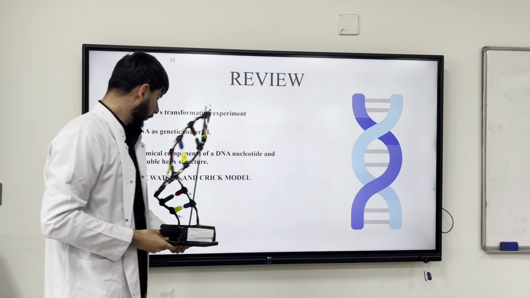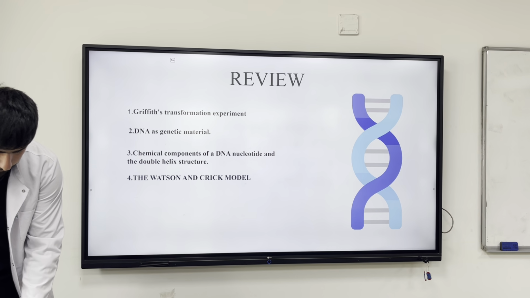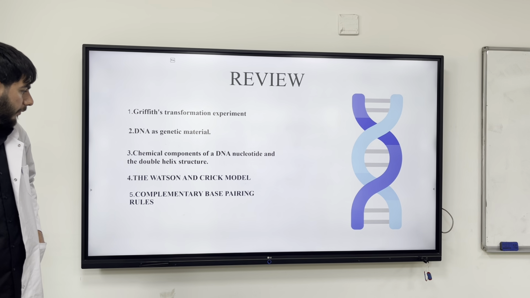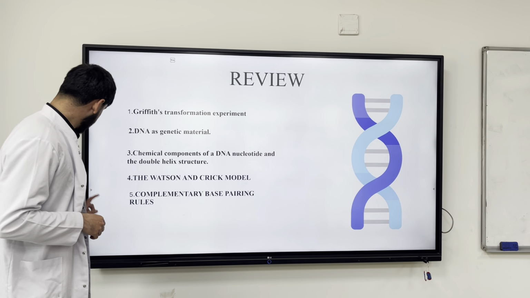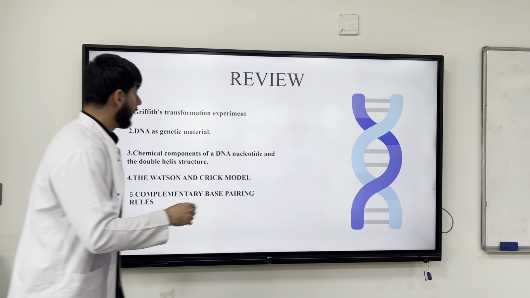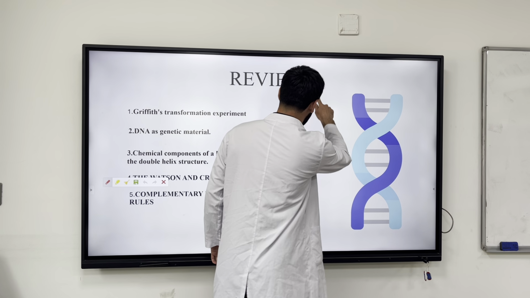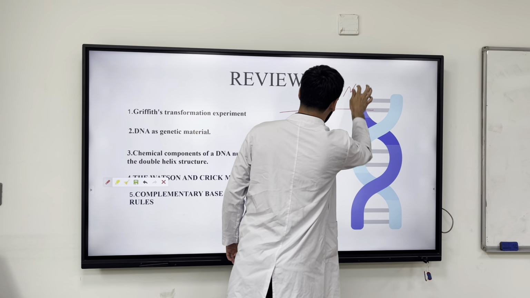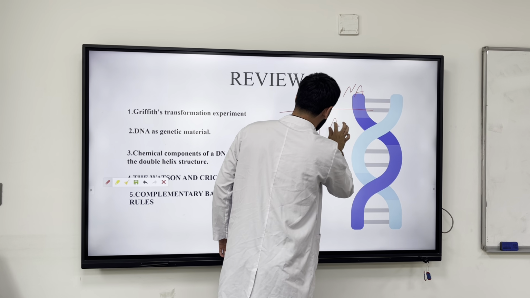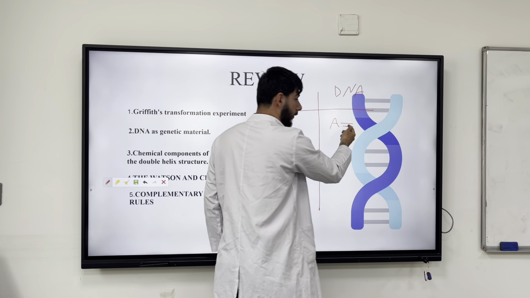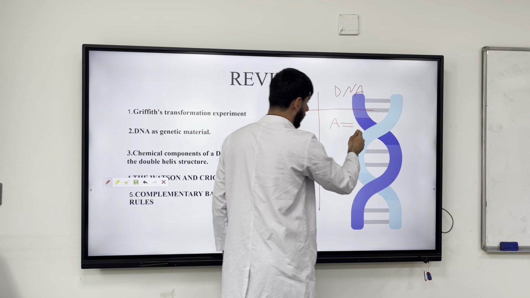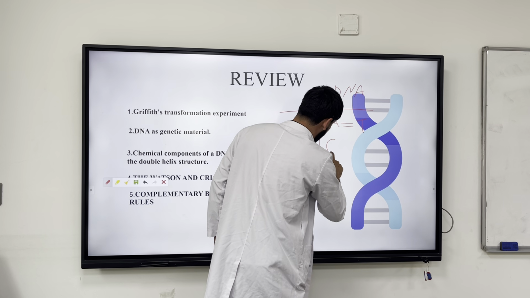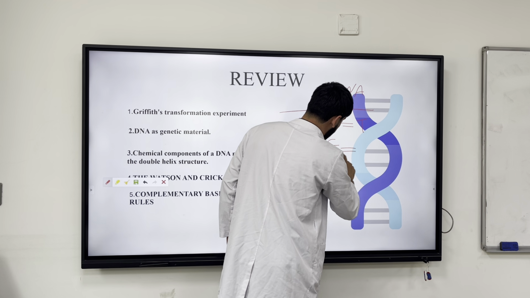And after that, we have complementary base pairing. In DNA, adenine joins with thymine by a double hydrogen bond, and guanine joins with cytosine by a triple bond.